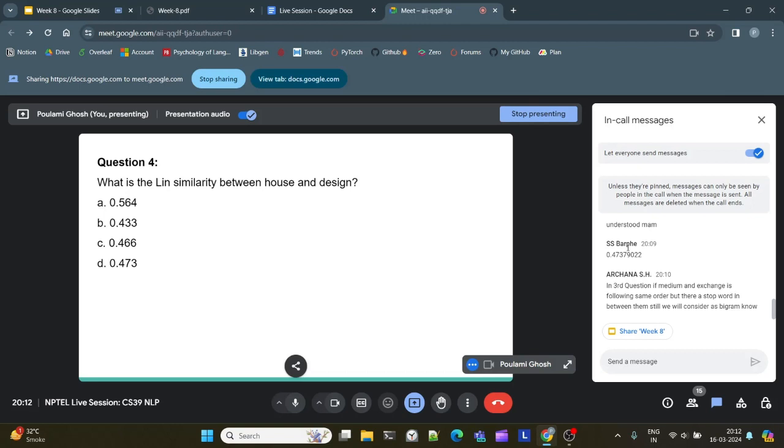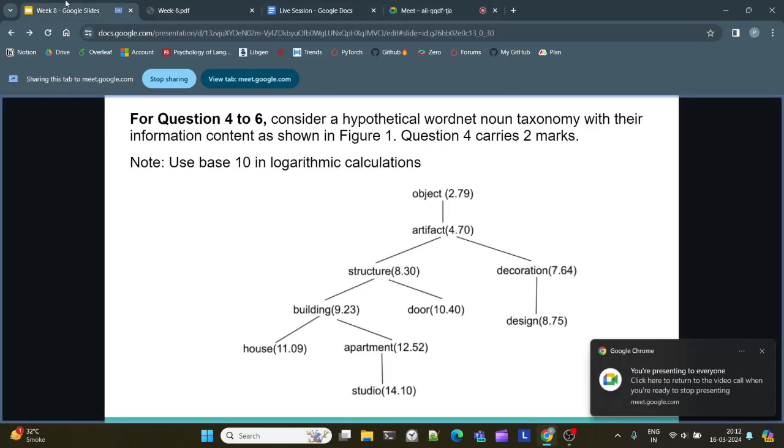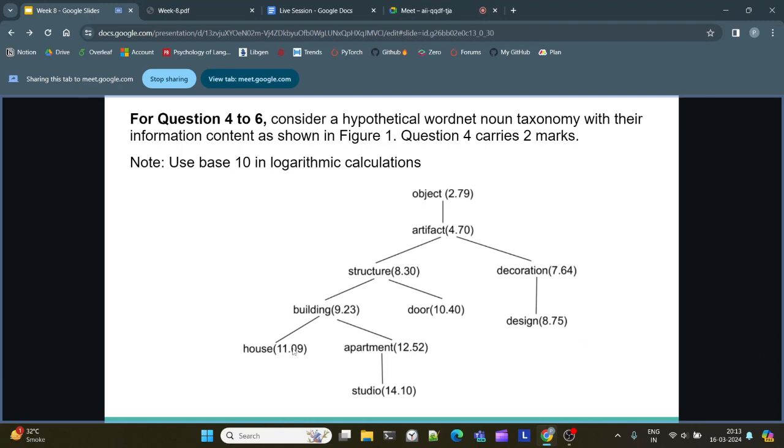Madam, for Lin similarity, the formula is 2 log P of LCS of C1 and C2 divided by log of probability of C1 plus log P of C2. Here, from the figure, you can see that artifact is the head of house and design.